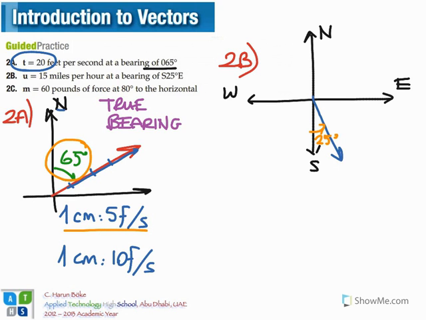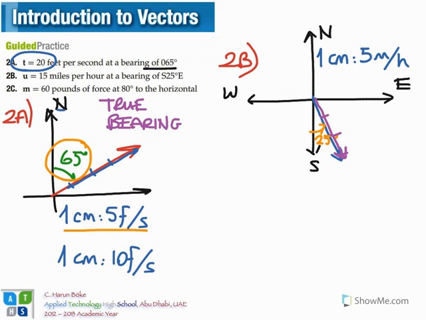Right? And if I define my scale to be 1 centimeter to 5 miles per hour, then my vector will be 3 centimeters in length. So I'm going to draw a vector which is 3 centimeters long. That's how I describe my vector.